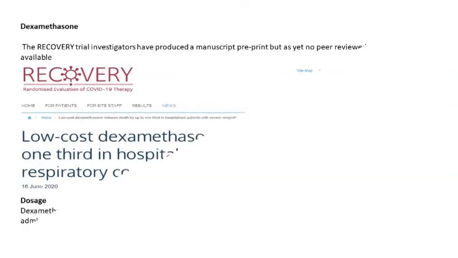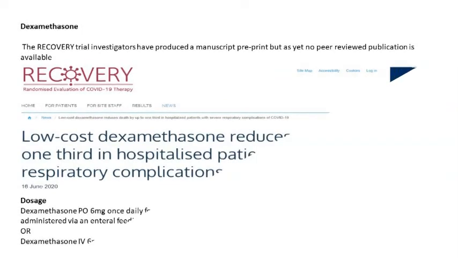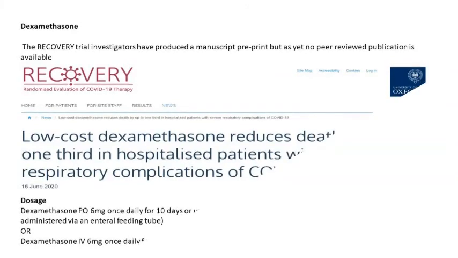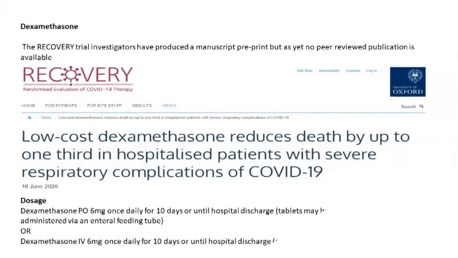And in subgroup analysis, the relative reduction in mortality appeared greater among patients on invasive mechanical ventilation than among those on non-invasive oxygen therapy. And there was no mortality benefit seen among patients who did not require respiratory support, which may be due to the effect of steroid in the management of ARDS, adult respiratory distress syndrome.